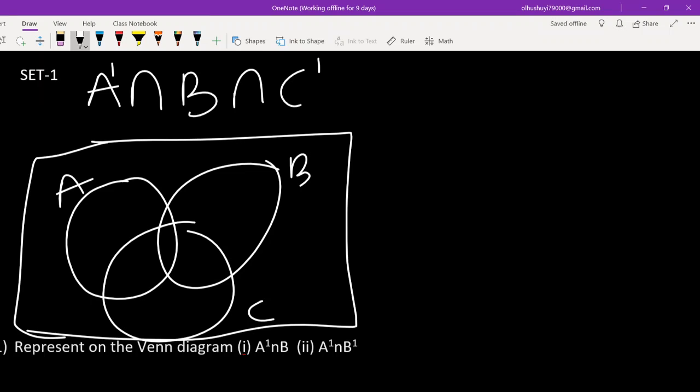Intersect B, then intersect C prime. A prime and C prime are not involved: outside A, outside C, then B is involved. Do you understand what that means? A prime intersect B intersect C prime means only region B is concerned, strictly B, with no intersection. That's what it means. So we have them on and on.